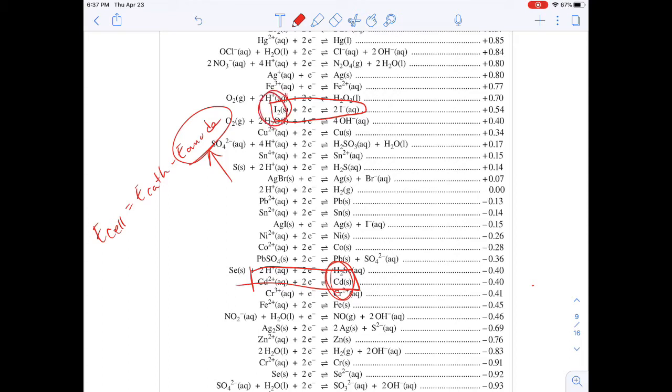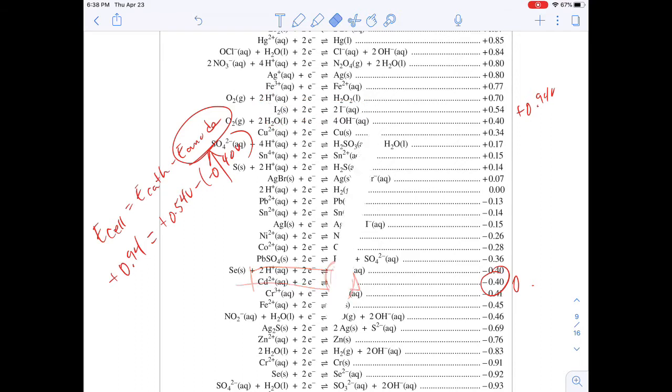This is my cathode. So I would have the positive 0.54 volts minus the negative 0.40 volts. The E cell is going to be positive 0.94 volts. And if this becomes a 0, then this would become positive 0.94 volts. So that's the standard question with reference cells.